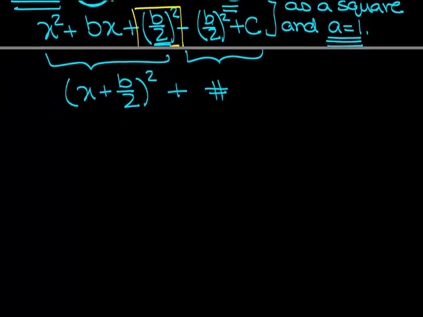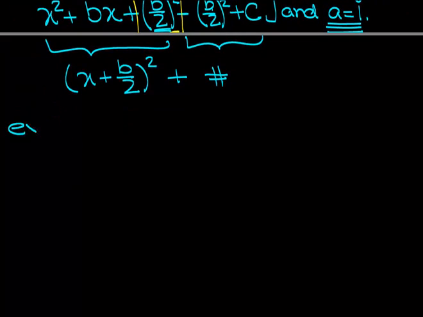So let's take a look at how to use completing the square to solve a quadratic equation. Let's say you're given a quadratic equation that looks something like this. Again, I do want to stress this, there are many different ways to do a lot of these problems, but completing the square is one way to solve a quadratic equation.